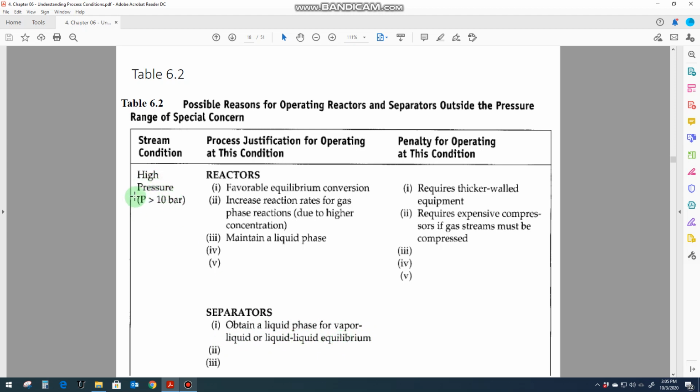If you want to go beyond 10 bar, one of the reasons could be to have the liquid phase for vapor liquid and liquid liquid equilibrium in the separators. You know that when we increase the pressure, we can convert the gases more into the liquid, and so we can have more liquid phase.